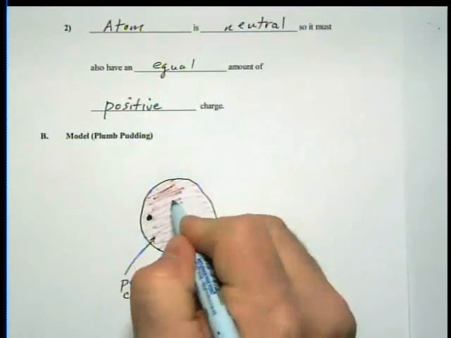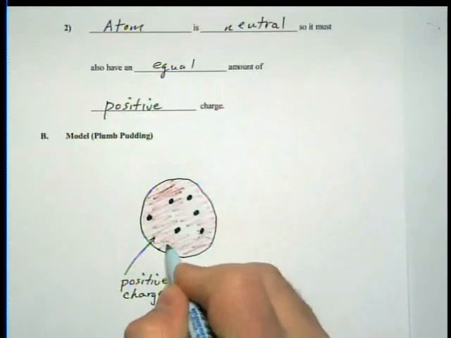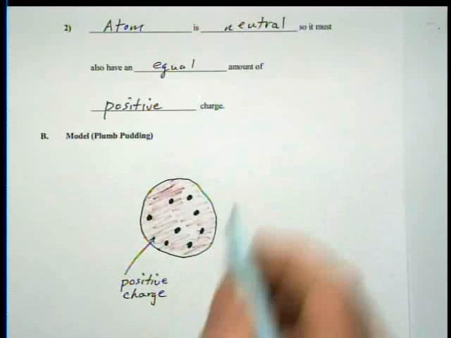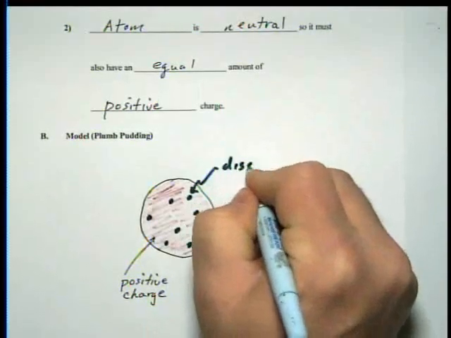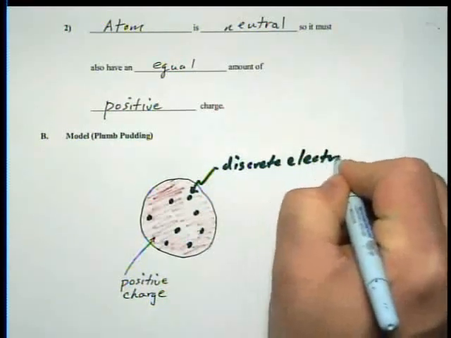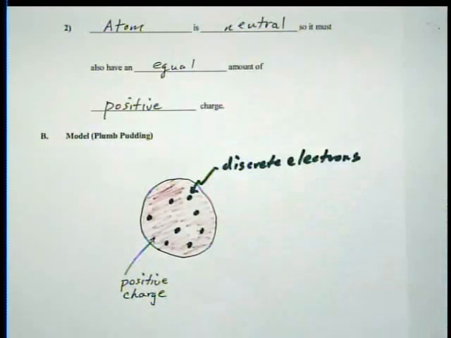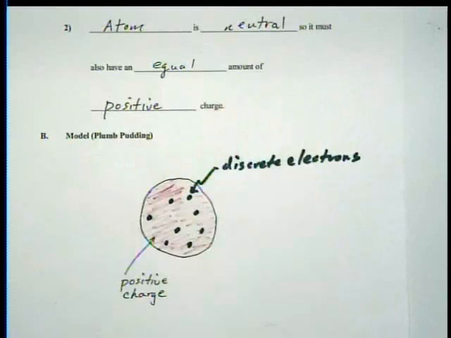I'll make them discrete. He called this a plum pudding model, and he thought of raisins. I don't like plum pudding, so it's a chocolate chip model. So there are my little chocolate chips, which are my electrons, and my cookie, which is my positively charged, spread out.